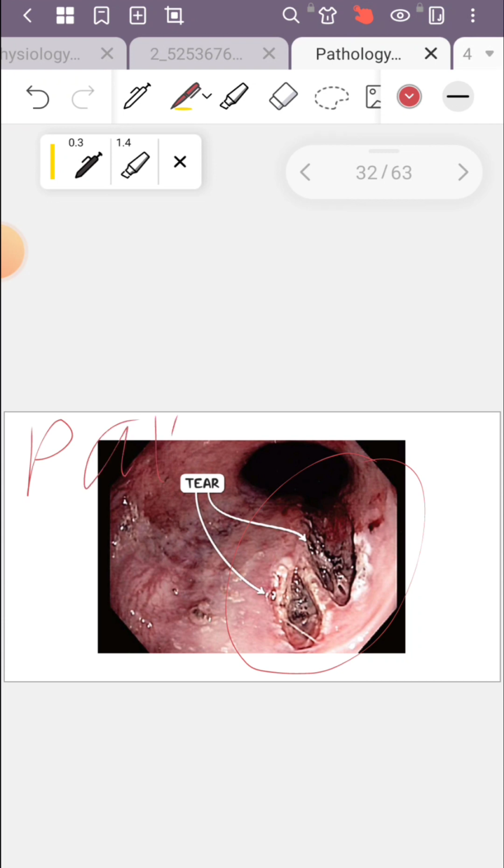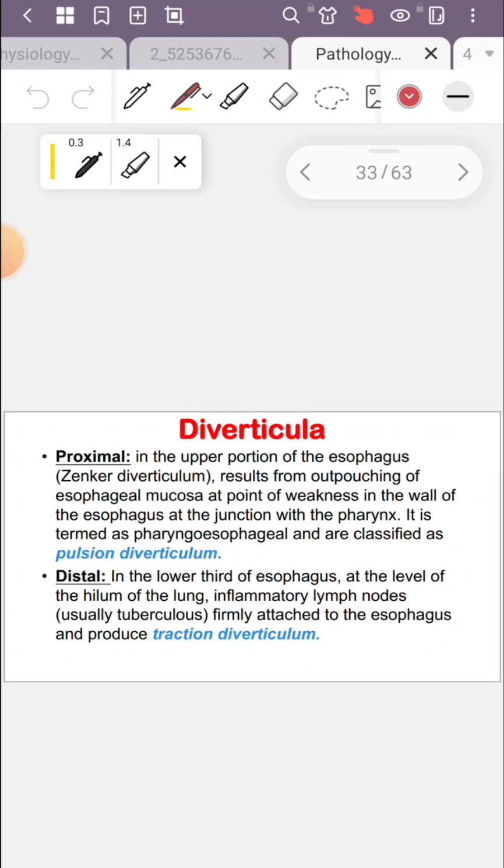Diverticulum, guys. What is a diverticulum? A diverticulum is an outpouching of bowel wall through a point of weakness.